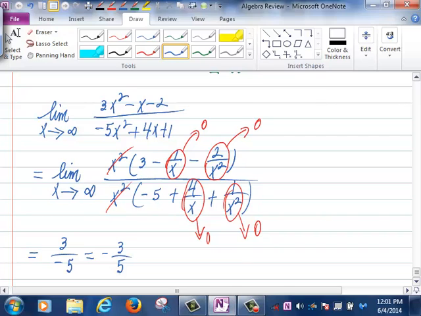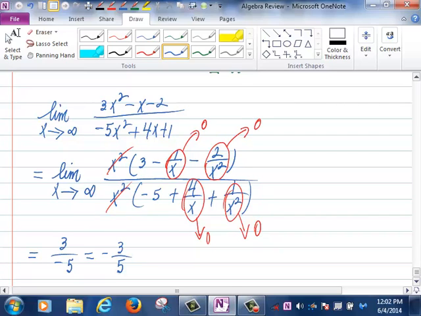Everybody's okay? Is this making sense? So anytime you have the ratio of two polynomials and you need to find the limit as x goes to infinity or negative infinity, what you need to do is factor out the leading term and then think about what's happening when x goes to infinity.